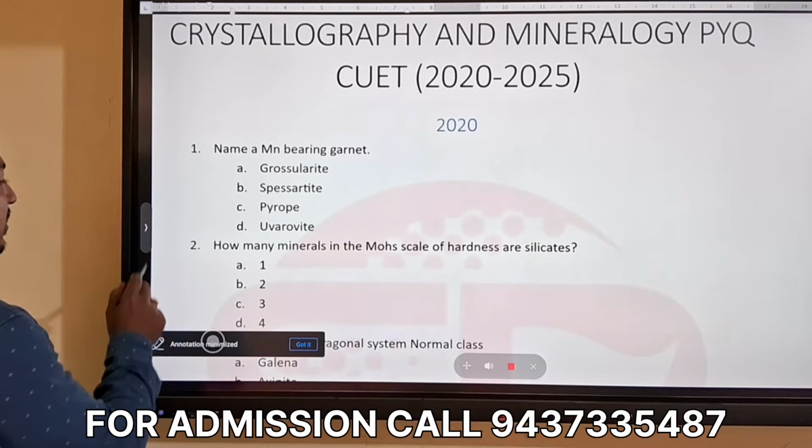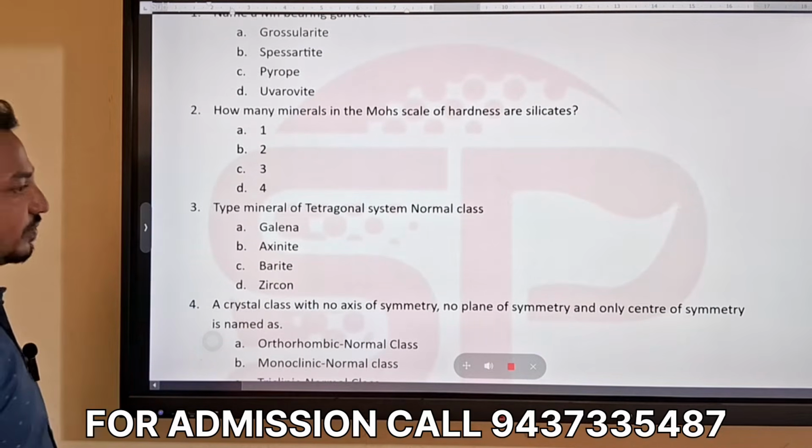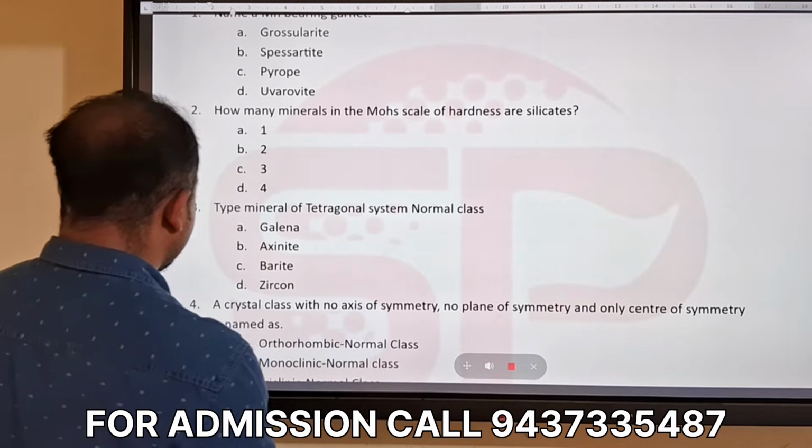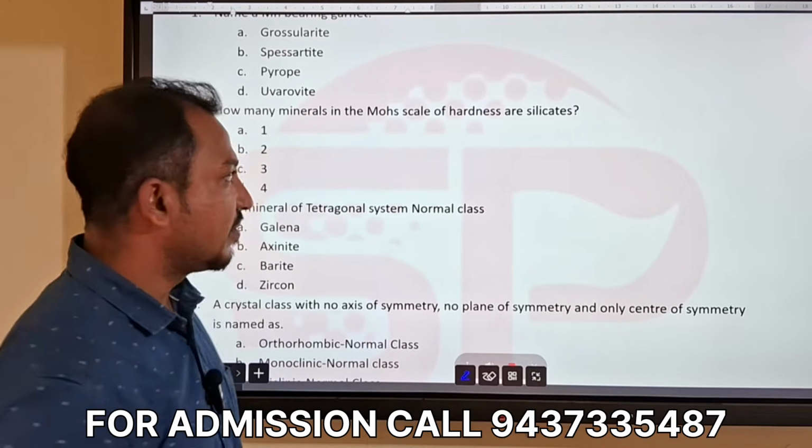Then, how many minerals in the Mohs scale of hardness are silicates? So the Mohs scale of hardness has 10 minerals.